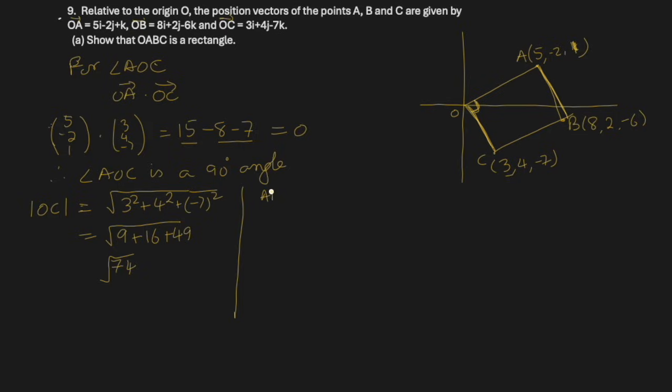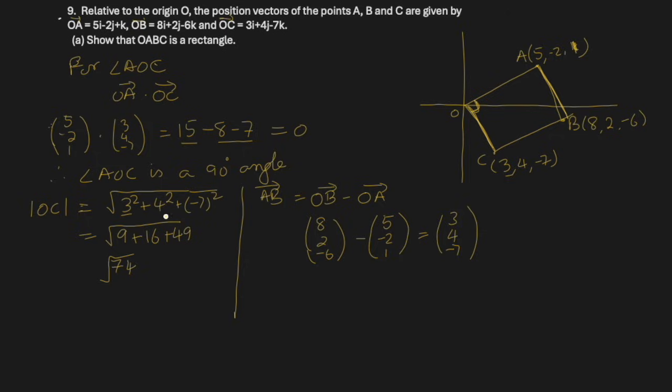So first we have to find vector AB. It is not given to us, right? So it will be OB, the head, minus OA, the tail, position vectors. So OB is 8, 2, minus 6 minus OA, 5, minus 2, 1, which comes out to be 8 minus 5 is 3, 2 minus minus 2 is 4, minus 6 minus 1 is minus 7.